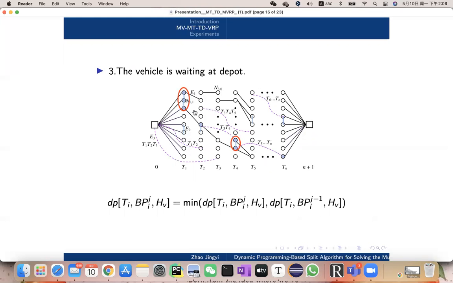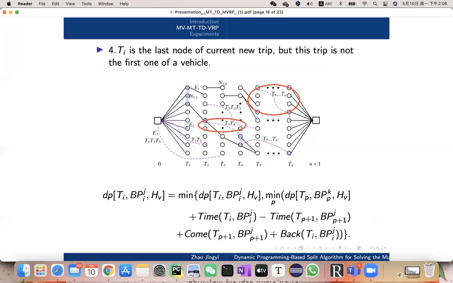Okay, so the third transition is when the vehicle waits at the depot, because we need to avoid peak hours, so we just wait at the depot. The fourth one is that Ti is the last node of the current trip, but this trip is not from a new vehicle.